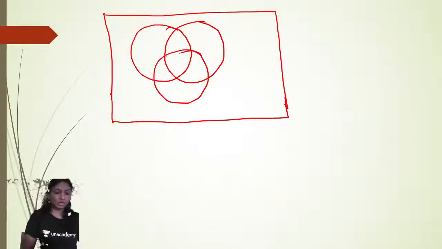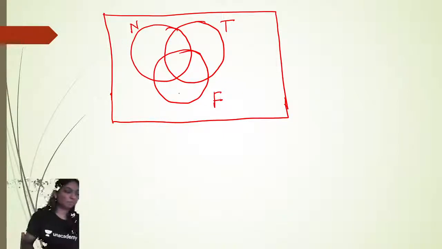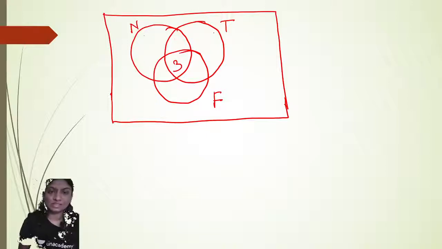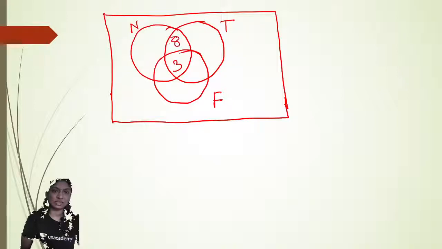Here this is N, Newsweek, Time and Fortune. There are 3 people who read all the 3 magazines. Now how many people read N intersection T? There are a total of 11, but out of that 3 are already counted. So 11 minus 3, that is 8.